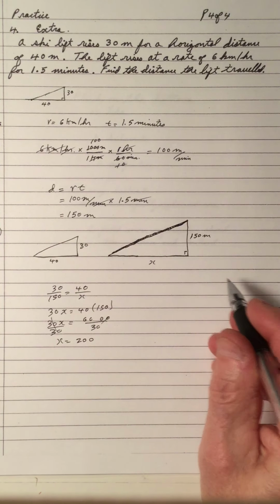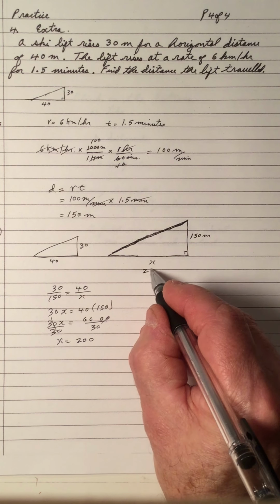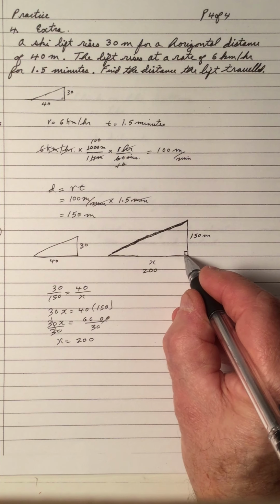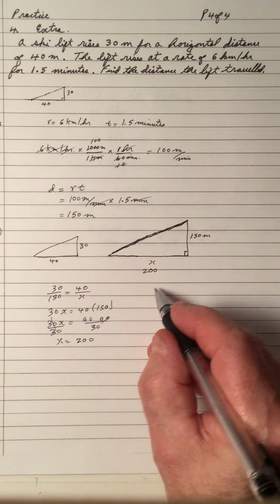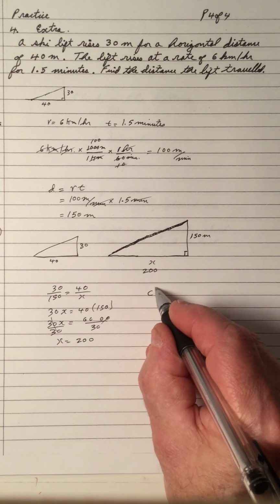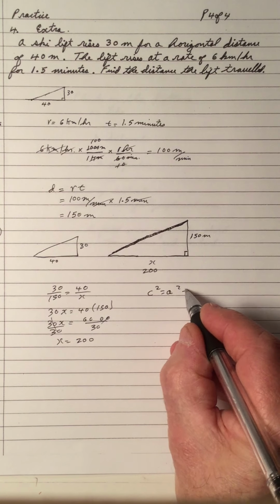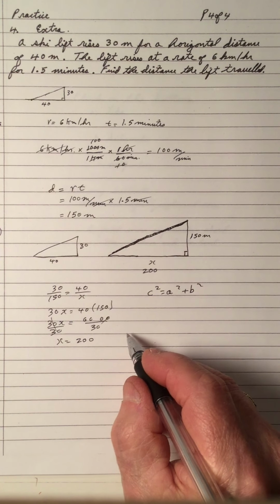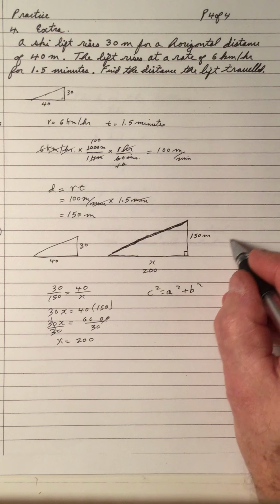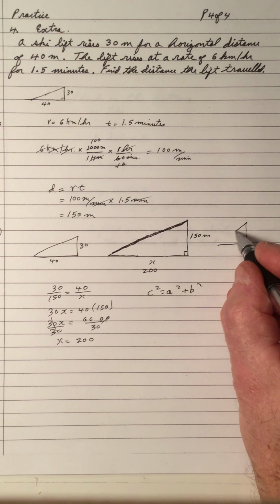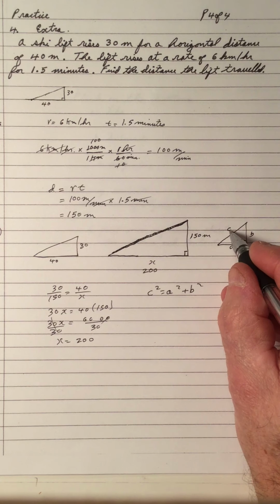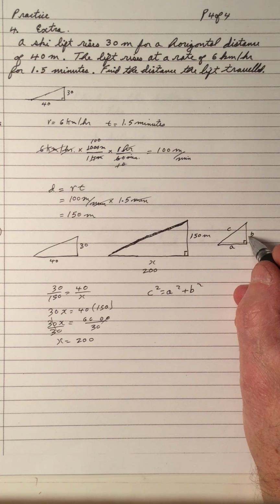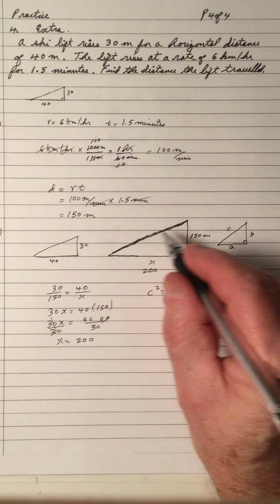So what we have, let's put 200 in here. We got a right angle. So this distance is for what we call Pythagorean. C squared is A squared plus B squared. Where, if you think about a right triangle, we have a C, an A, and a B. So C squared equals A squared plus B squared. C is the hypotenuse right here.